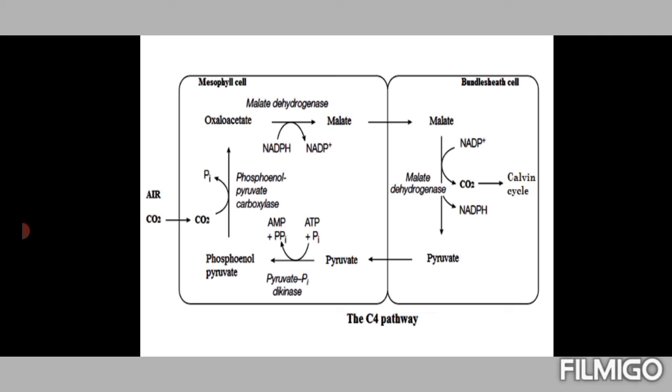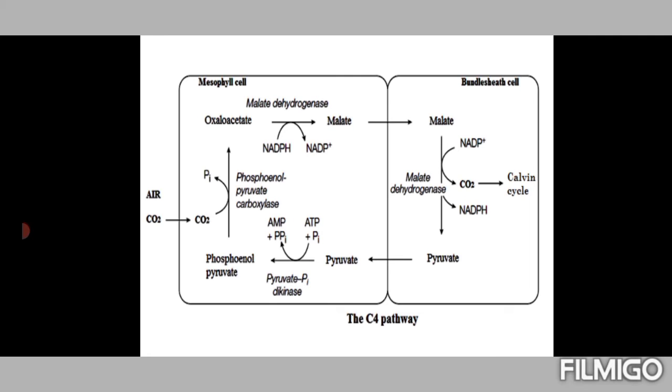And this bundle sheath cell will be having Rubisco in its chloroplast stroma. So bundle sheath is actually rich in chloroplast also. And the C3 cycle, we know, actually takes place inside the stroma of chloroplast.